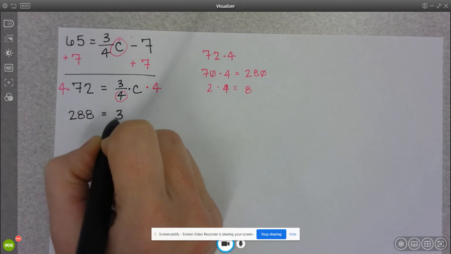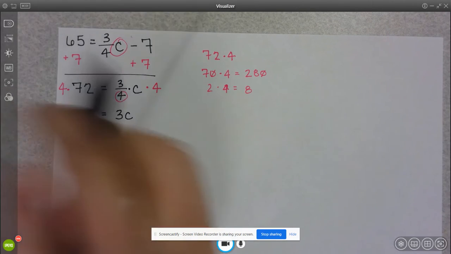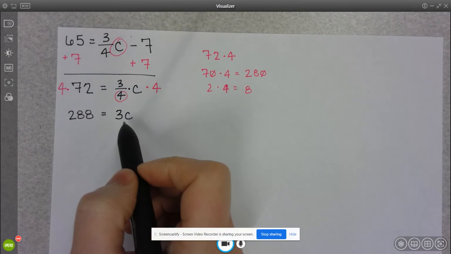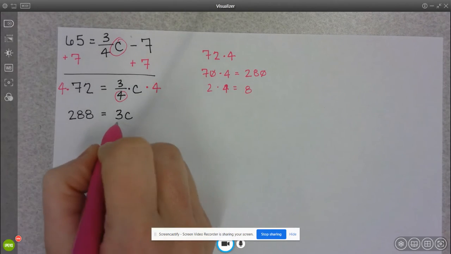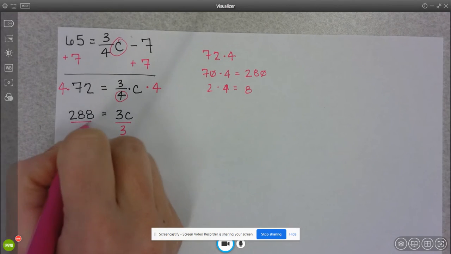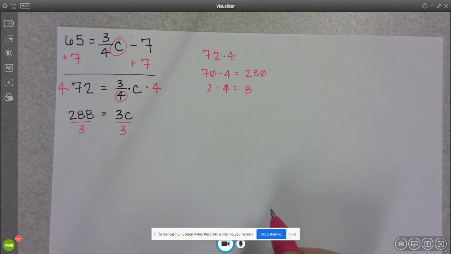And then on this side, I'm going to be left with 3c. And then I need to divide by 3. Now you can go about this long division in a lot of different ways.